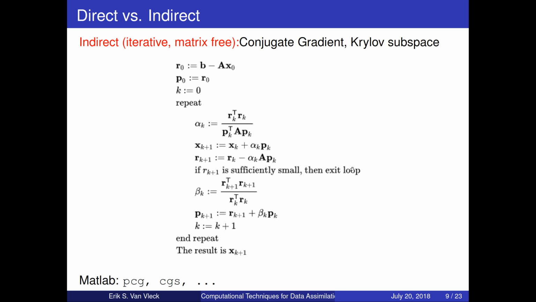In the loop, there's A times pk. And so as long as we can calculate A times an arbitrary vector without knowing exactly or storing the matrix A, then we can apply these types of iterative algorithms. So MATLAB commands to do things are PCG, which is a preconditioned conjugate gradient technique, and CGS, which is conjugate gradient squared.